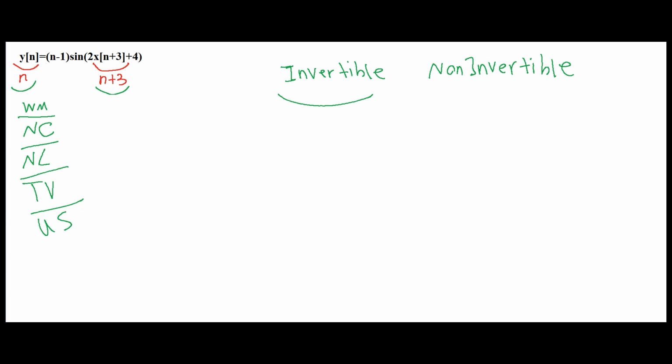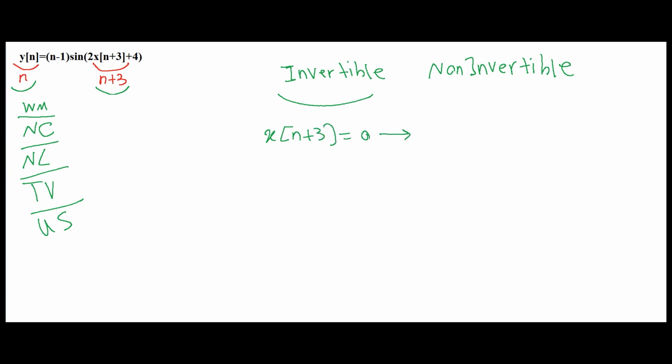The final property is invertibility. A system is invertible if different inputs produce different outputs. To check this, we test two different inputs. First, we let x[n plus 3] be 0.